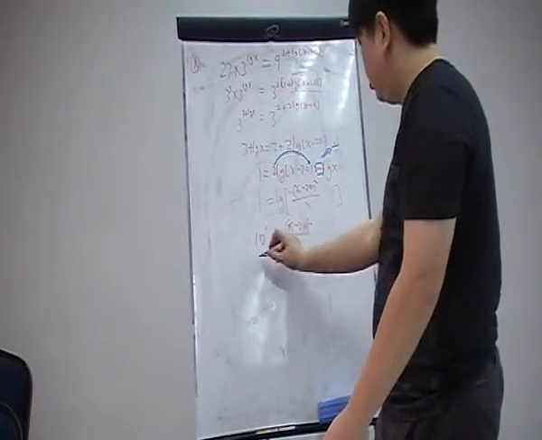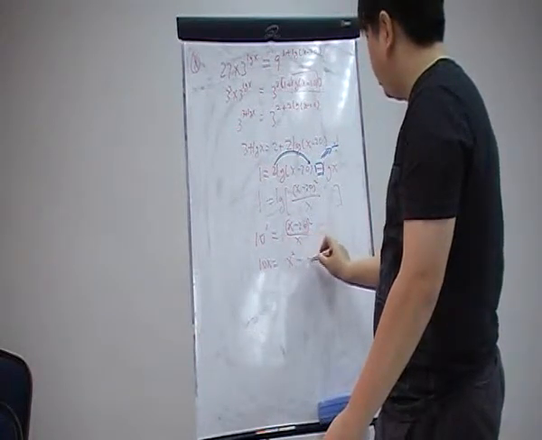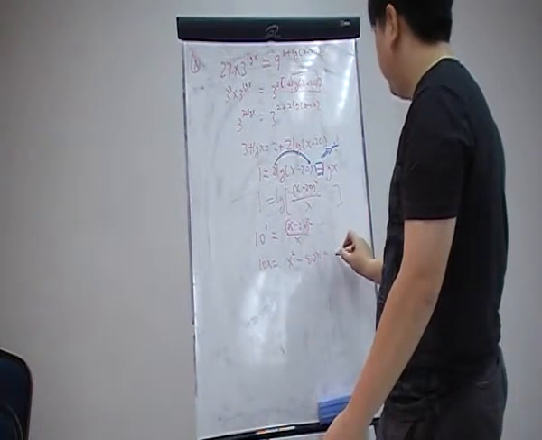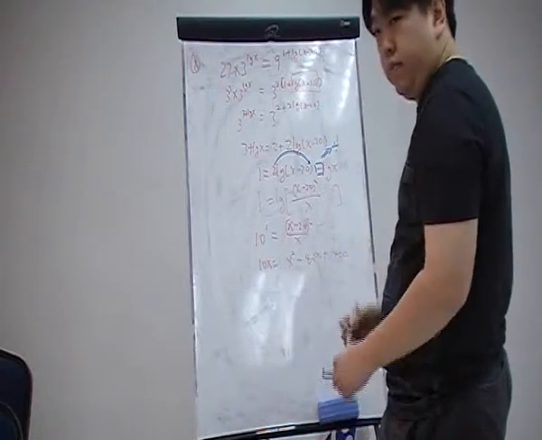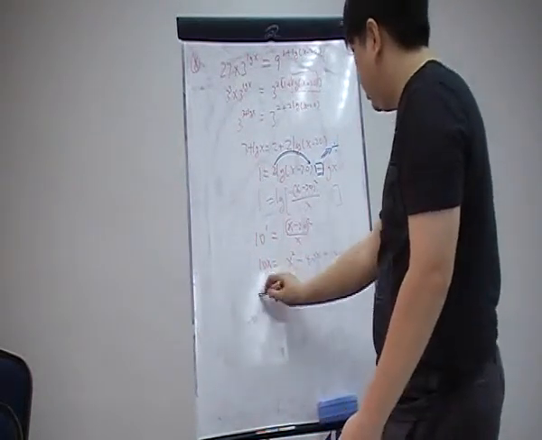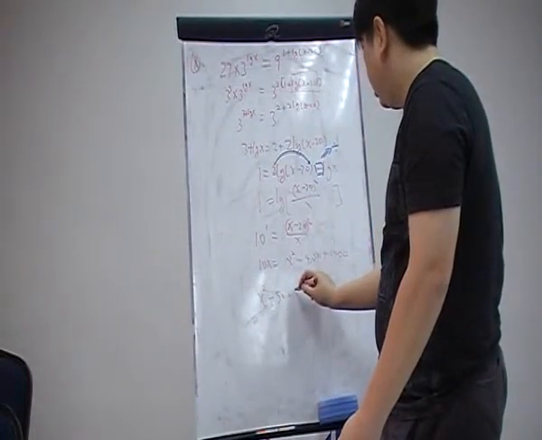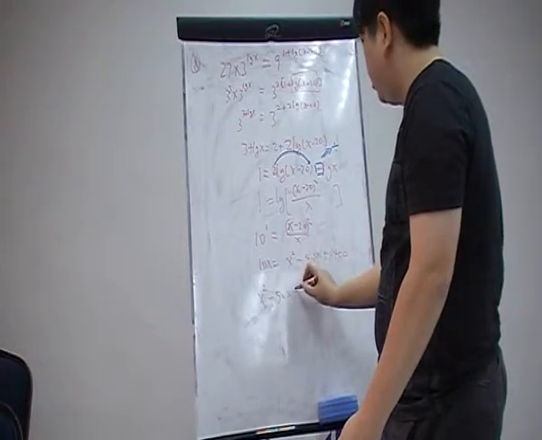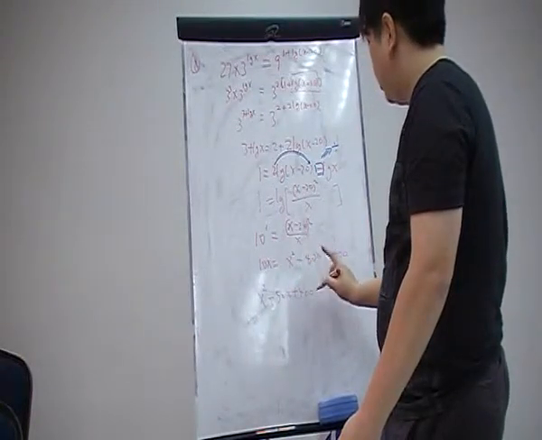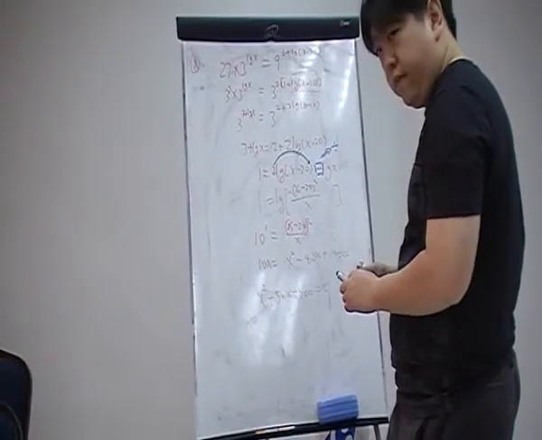Okay? So 10x equal to x squared minus 40x plus 400. Yeah. Okay? So bring everything over one side, x squared minus 50x plus 400 equal to 0. Okay?